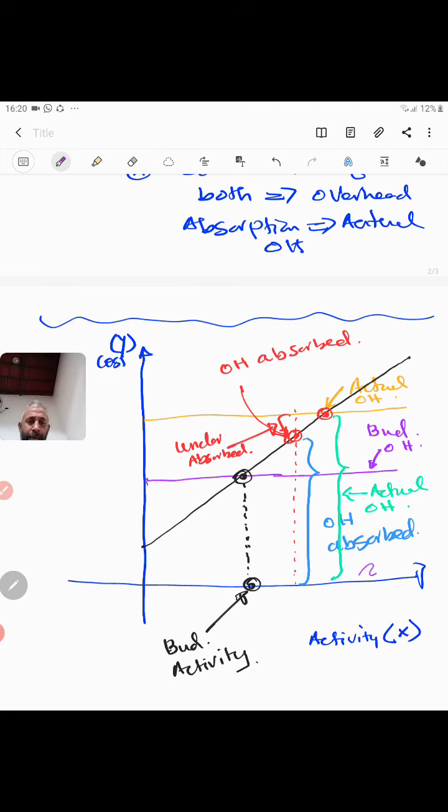And now, if I change the scenario, where I will take another actual activity here, you can see my actual overhead is less than the overhead absorbed. Overhead absorbed is greater than the actual overhead.